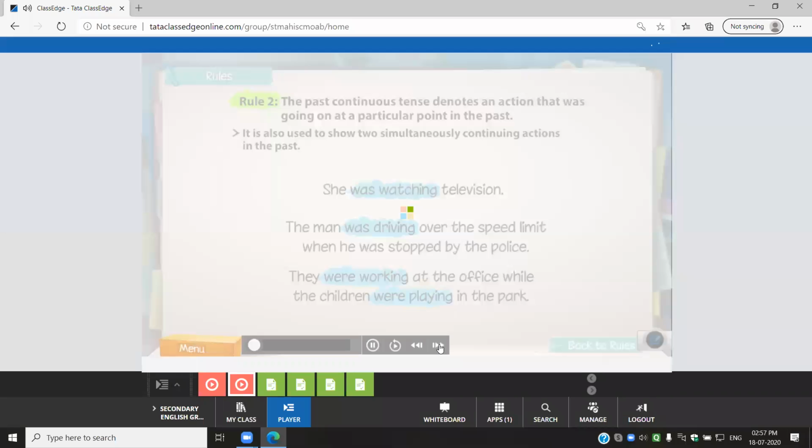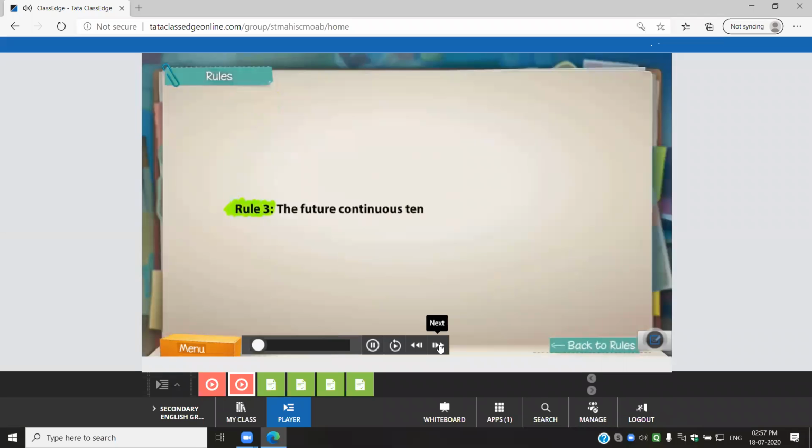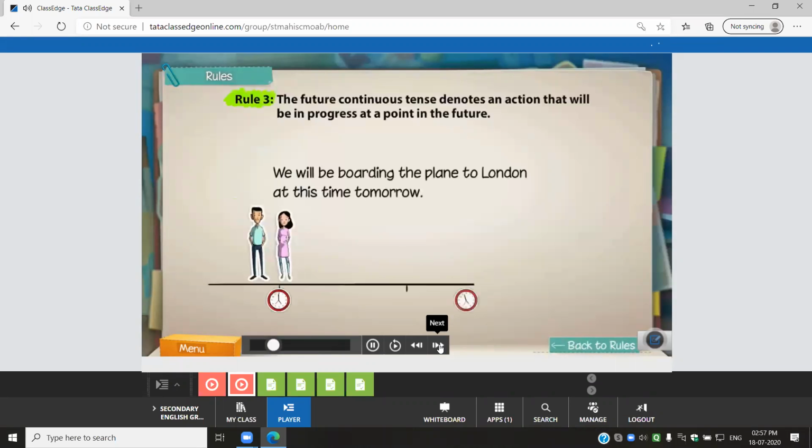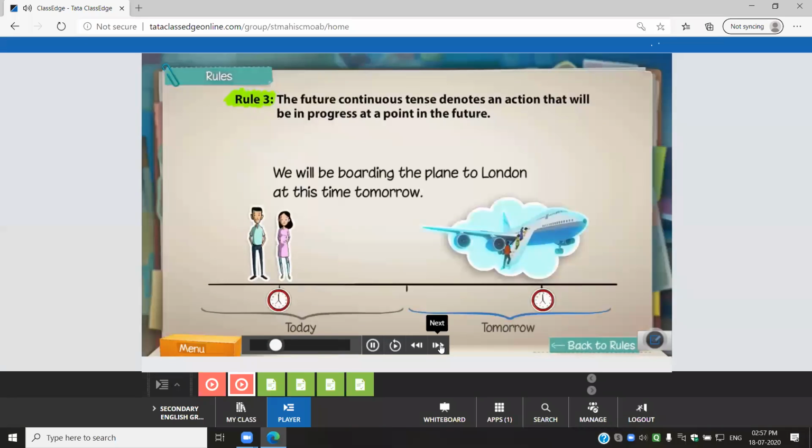You use the future continuous tense to denote an action that will be in progress at a point in the future. For instance, here, the action of boarding will be taking place the next day, that is, in the future. So, the future continuous tense is used here. Notice the structure of the future continuous tense.